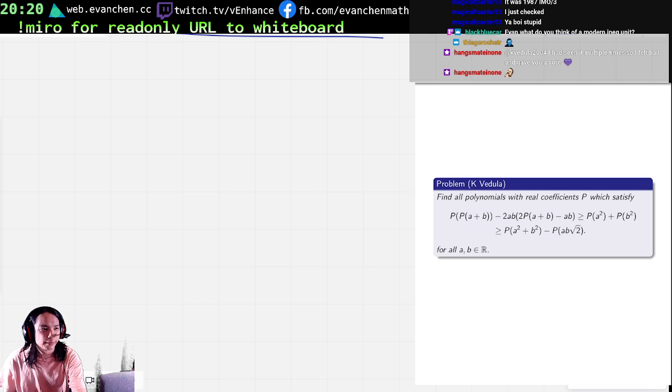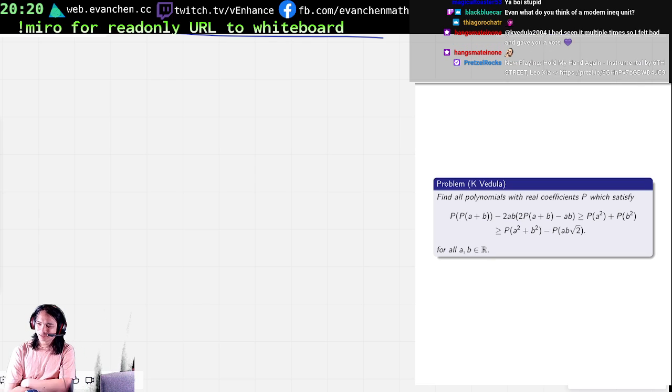Do I get any degree bounds at all? Left hand side is degree n squared, where the right hand side is degree 2n.